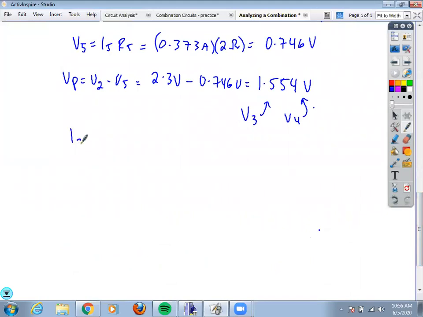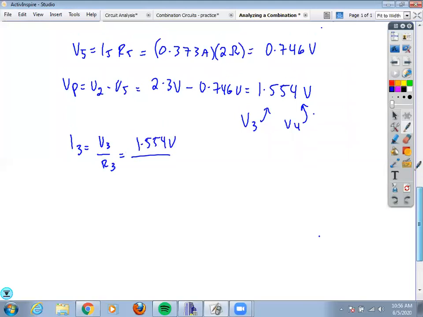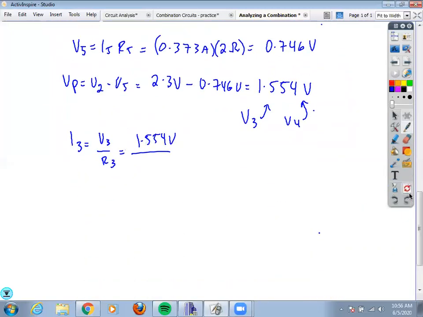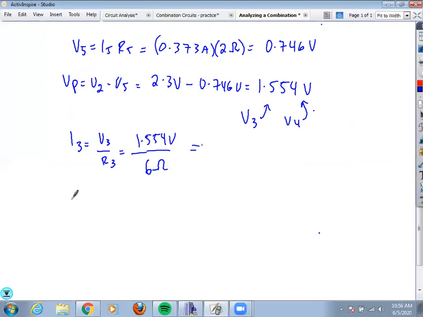So I3 equals V3 over R3. So 1.554 volts divided by R3, which is 6 ohms. And I4 will equal V4 over R4, 1.554 volts divided by 12 ohms.